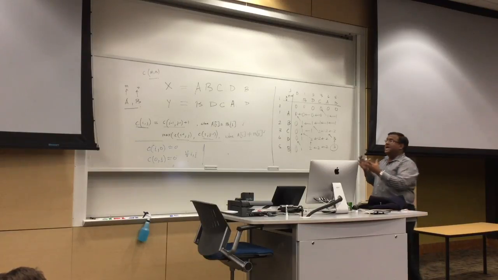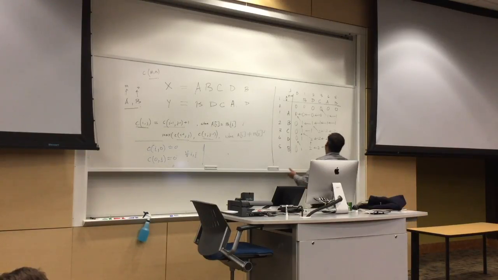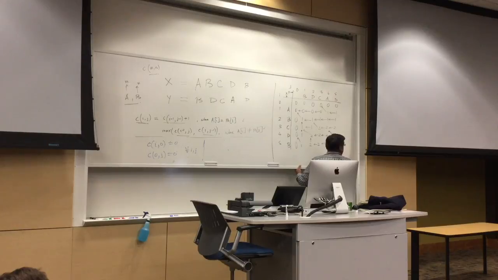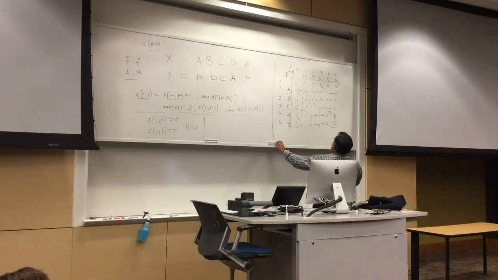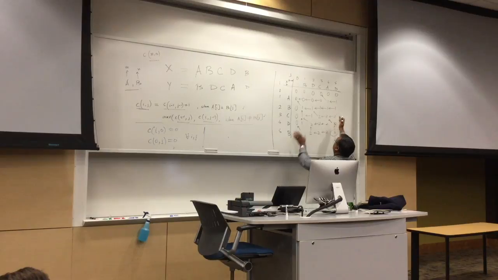Now, how can we recreate the sequence? You start from here, you go here. Now, if you are going up, you don't include that. But the moment you go this way, now you include that character. Whenever you go here, these two characters will be the same. So D is the last one.